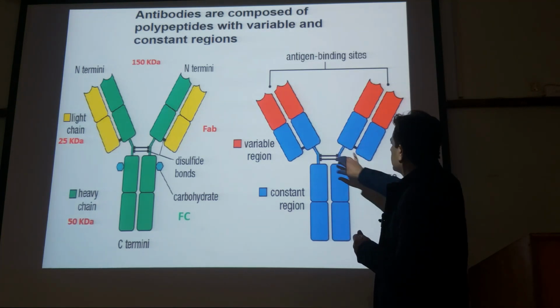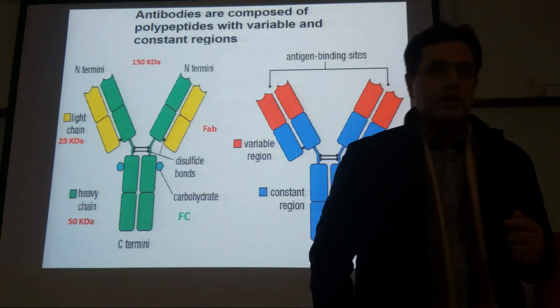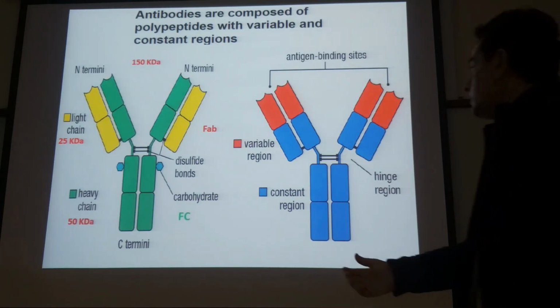And there is a hinge region right here, and this is also very important. You will see in the next slide why it is important. But in this slide, remember the heavy chains and light chains. The amino terminus is here.